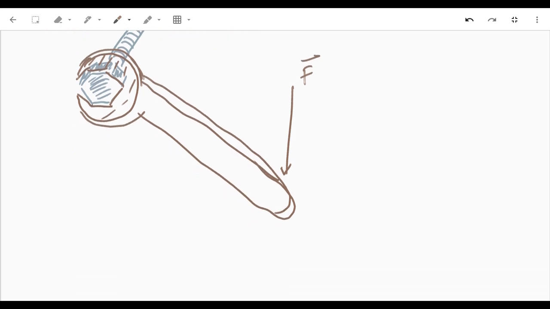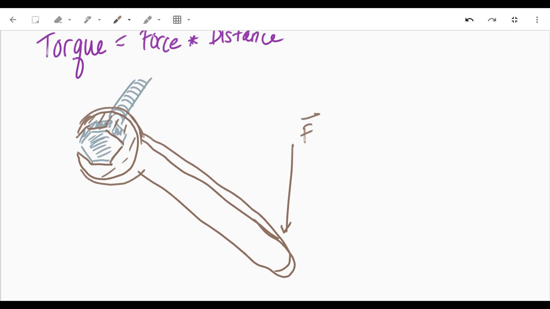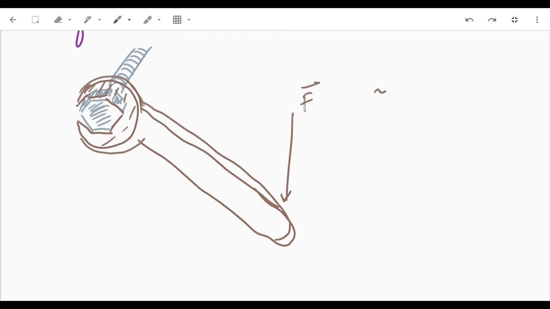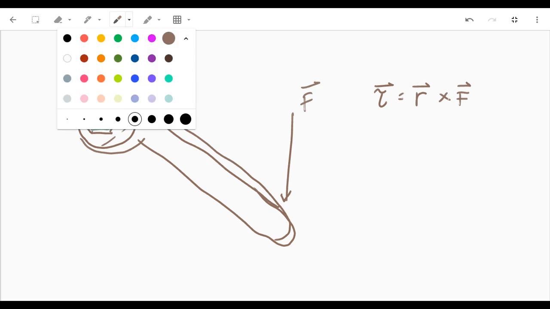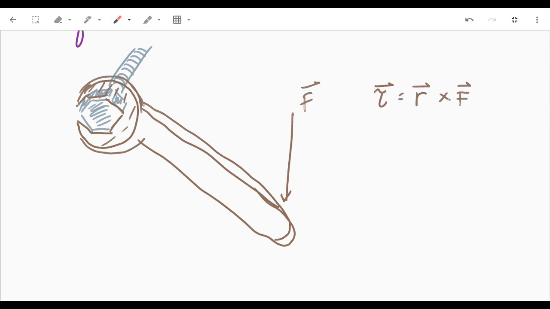So what we do here, we're going to use a little bit of a different symbol. Torque is a vector, and it's a cross product of your distance vector and your force vector. Now your distance vector is going to be this guy right here.